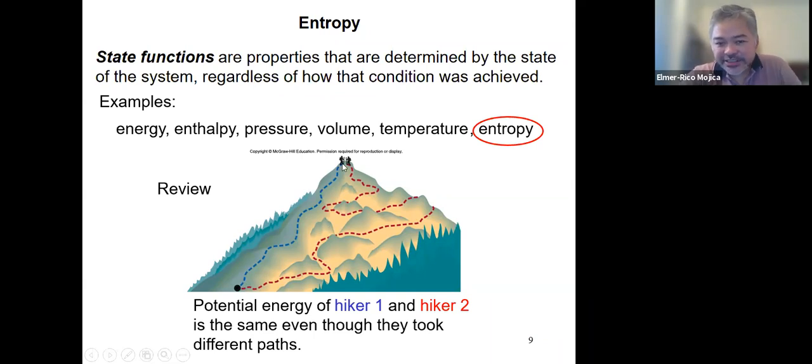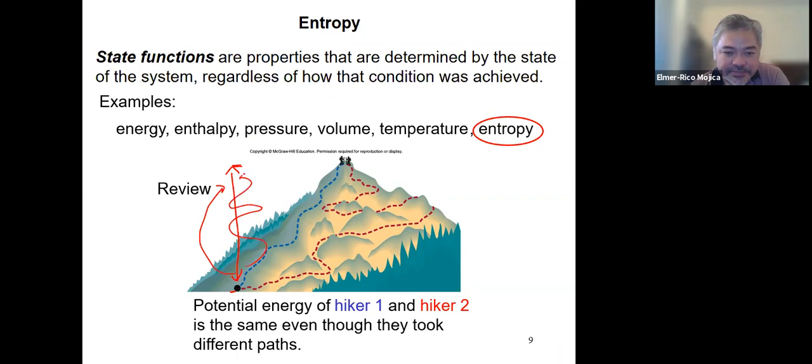The potential energy that you have here is just the same, because what you're looking at is just the difference. So that's what we call a state function. And state functions are many, like potential energy, enthalpy, pressure, volume, temperature, and the entropy that we're looking for.